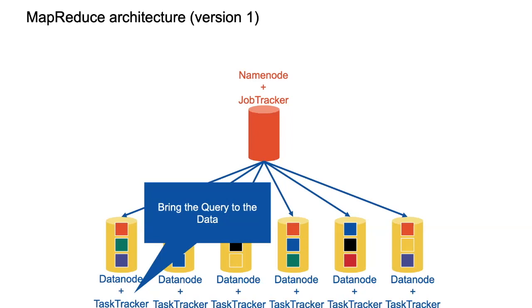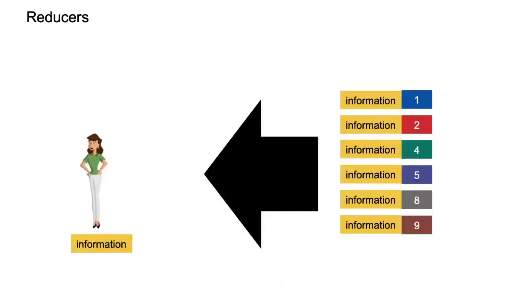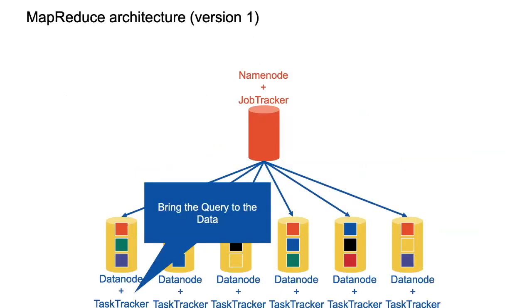So basically, wherever the documents are stored, on the same machine where the documents are stored, I'm also doing the computation with the local CPU of these pairs. This is what is meant with bring the query to the data, right? We just try to do everything locally to minimize data shipped over the network.